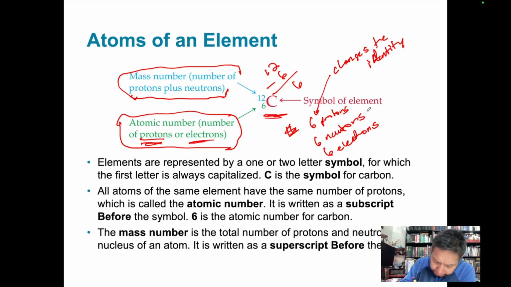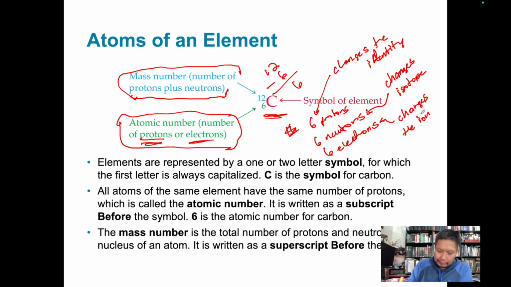If you change the number of neutrons, though, that changes this thing called the isotope. We'll talk about that in a second. Still the same atom, but a different isotope. And if you change the number of electrons, that changes what we call the ion. We'll talk more about that in a second as well.